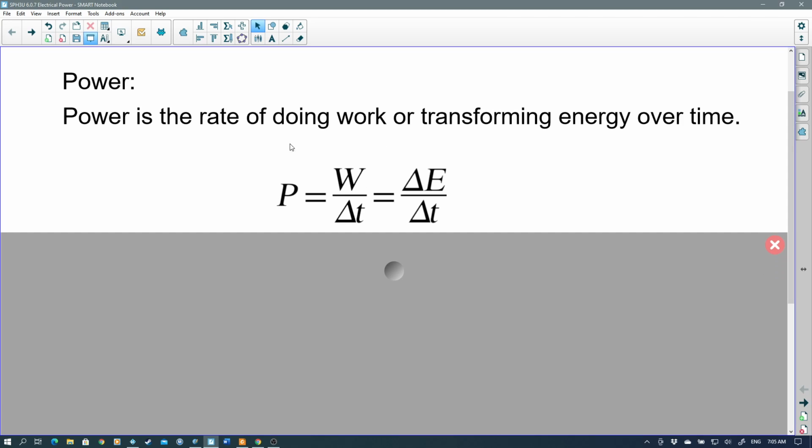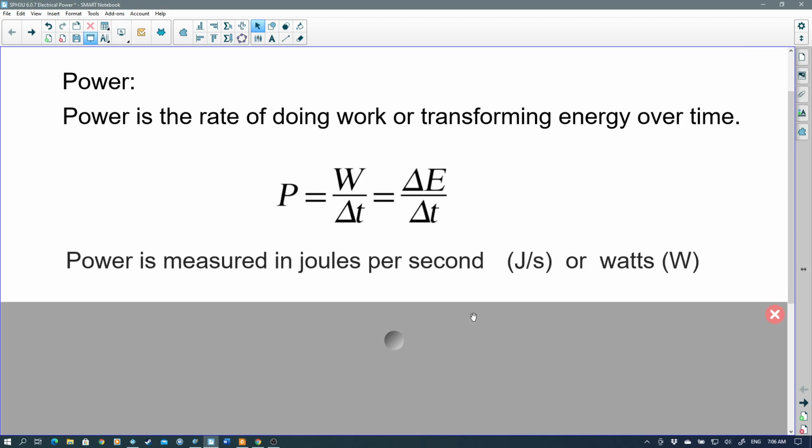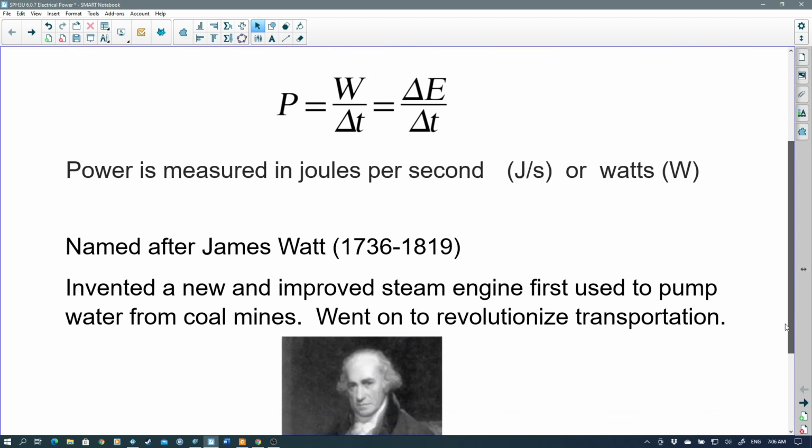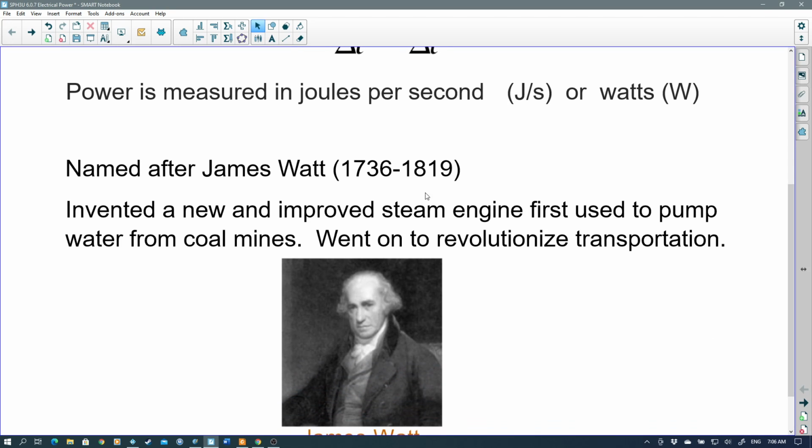But the important thing here is that power is the rate of doing work over time. So if you think of what the units are for work or energy, it's joules, and the unit for time is seconds, so it's joules per second. The unit for power is named after James Watt.